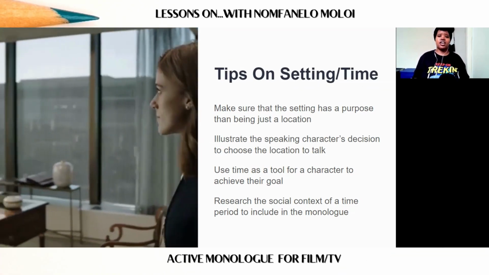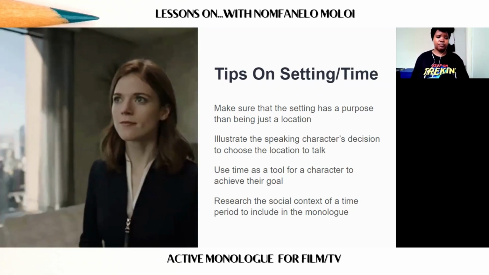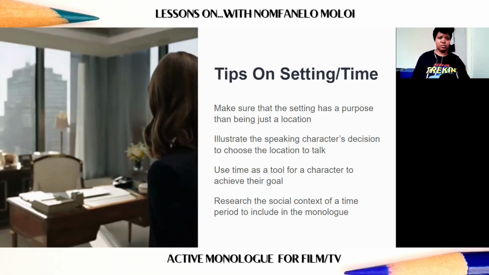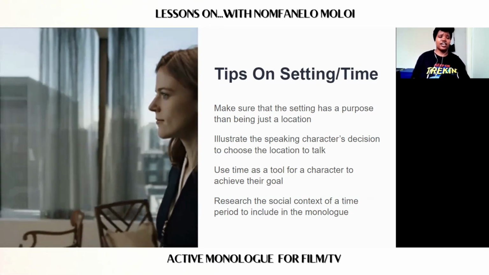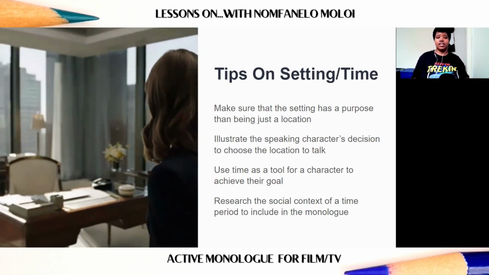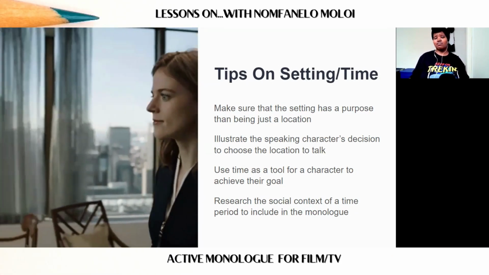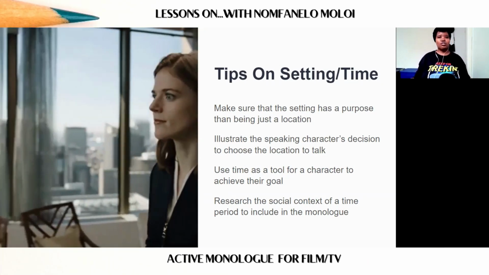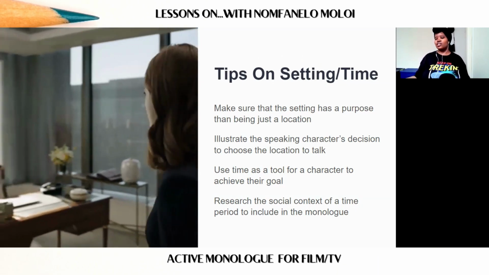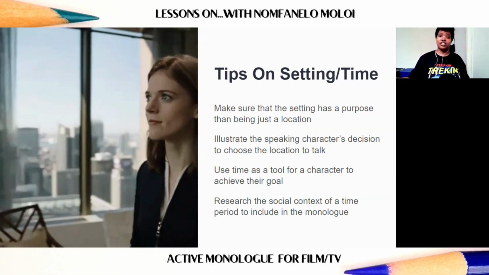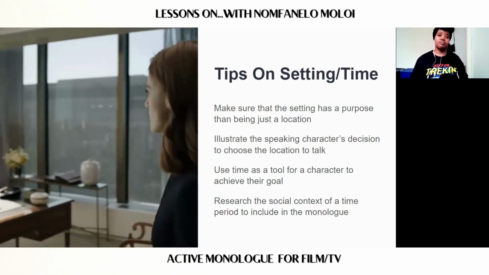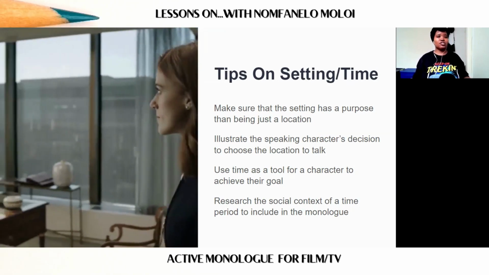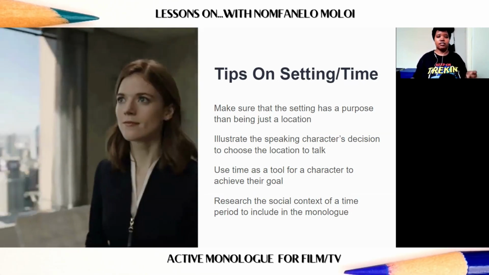And you could also use time as a tool for a character to achieve their goal, whether there is a sense of urgency, like maybe there's a specific deadline that the character has to accomplish, or in Silva's case, take your sweet time since you own the place, and Bond has nowhere else to go. No matter what, he's going to get Bond to listen to him. And if he refuses, he will take actions that in his mind are necessary.